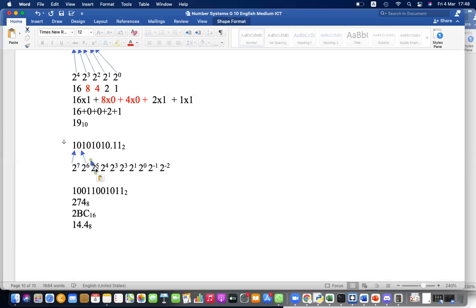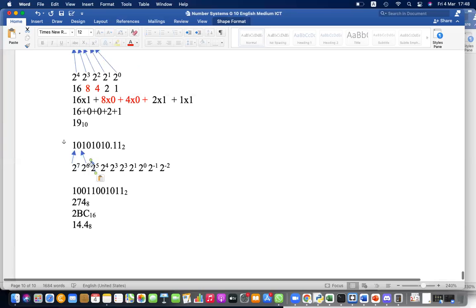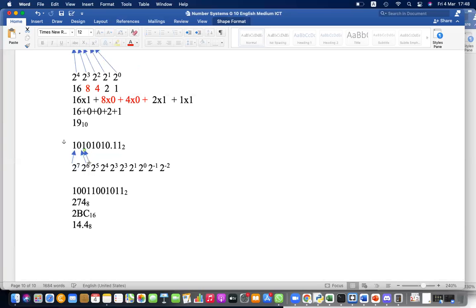Then 2 to the power 5, then 2 to the power 4, then 2 to the power 3, then 2 to the power 2 is here.